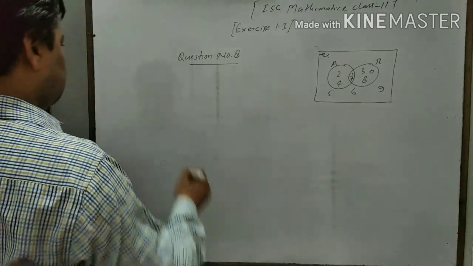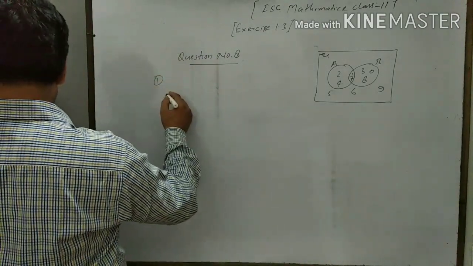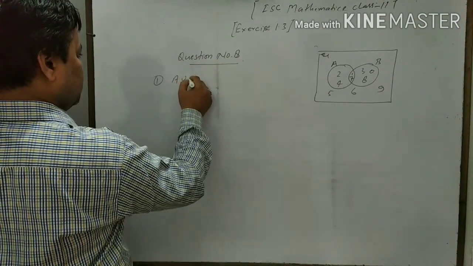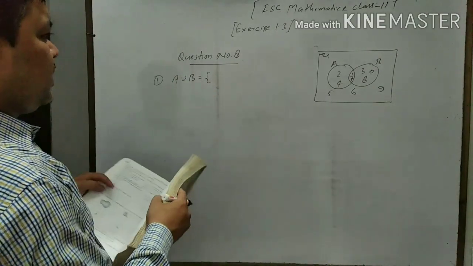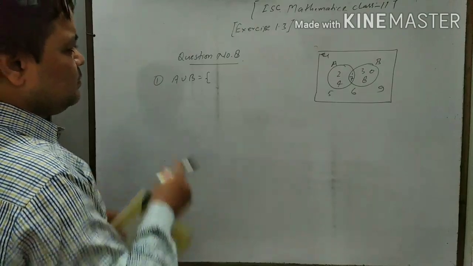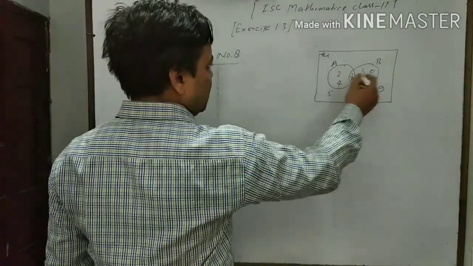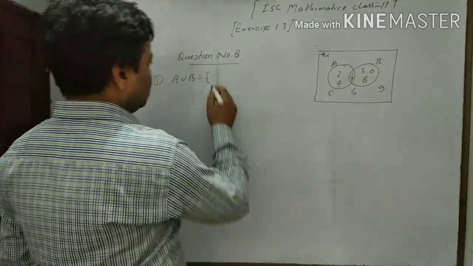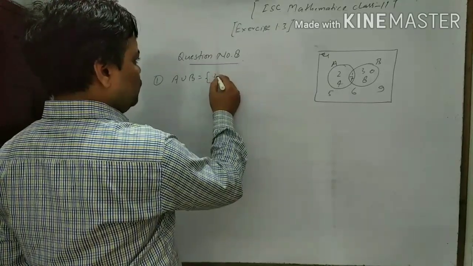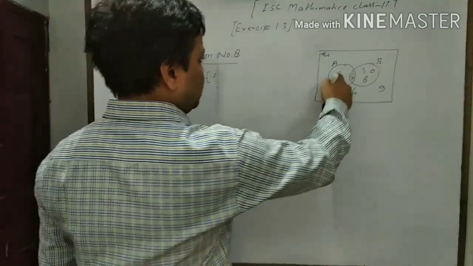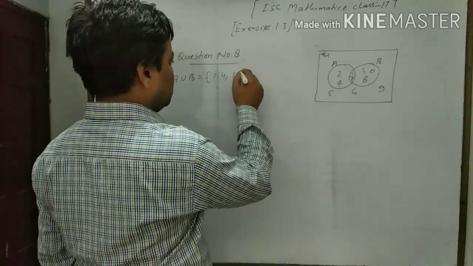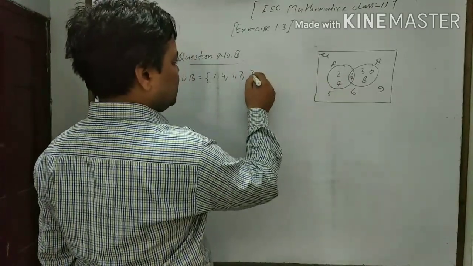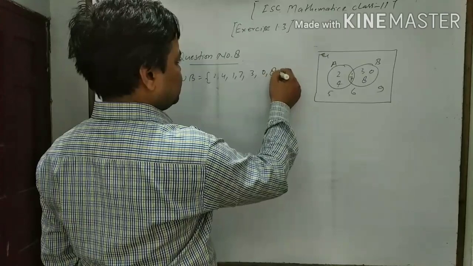And what is the question? The first question, we have to find A union B. A union B is what? All the elements of set A and B, that is 2, 4, 1, 7, after that 3, 0, 8.